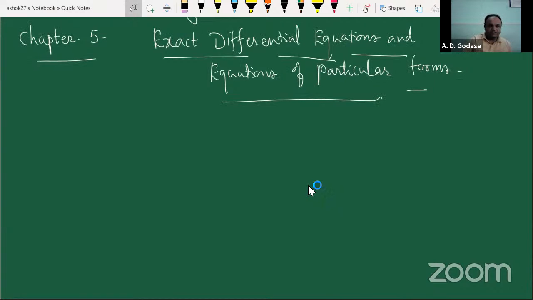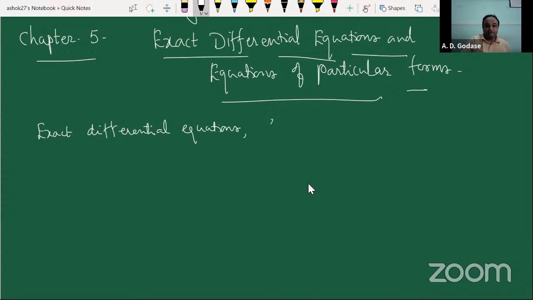First, exact differential equations. So these are higher order differential equations. Then criterion of an exact differential equation.